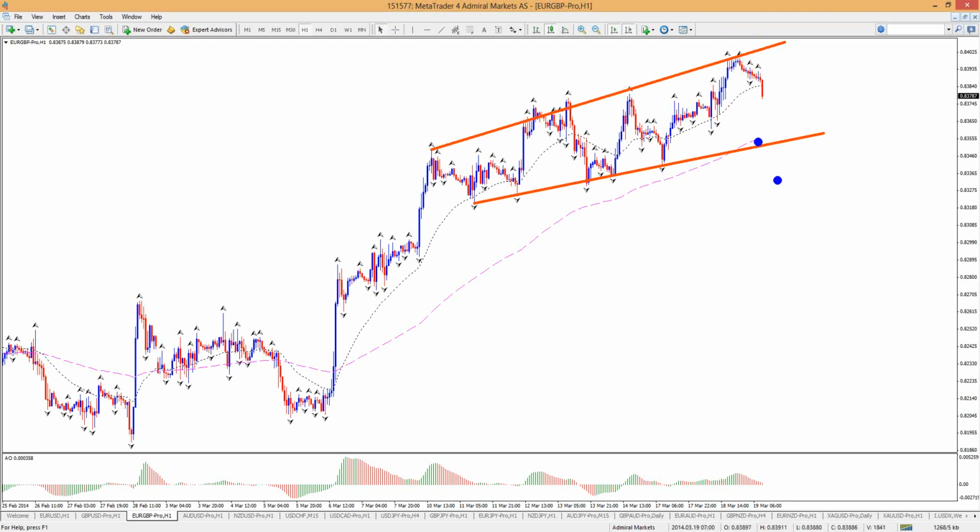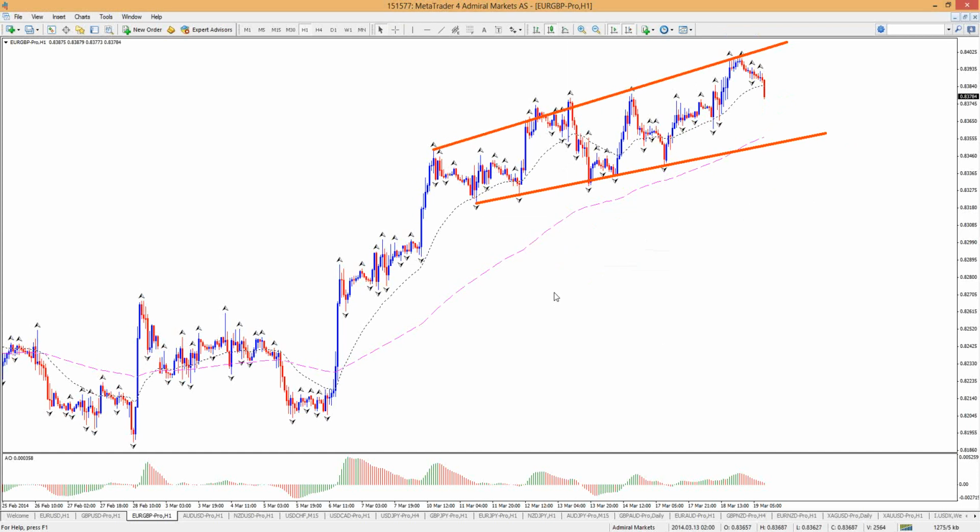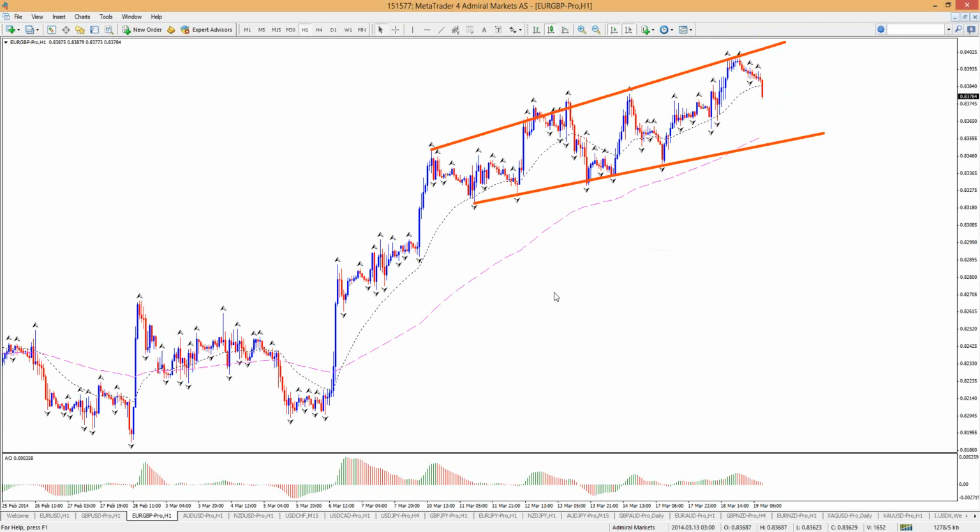And for those that know the rule of divergence, when we have divergence, there's a good chance that we'll go back to the long-term moving average. The long-term moving average, just in case you're wondering, is the 144 EMA. I mean, you could use 152. I'm sure it'll be roughly the same result, but that's the one I use. So there's a good chance we'll make that fall.